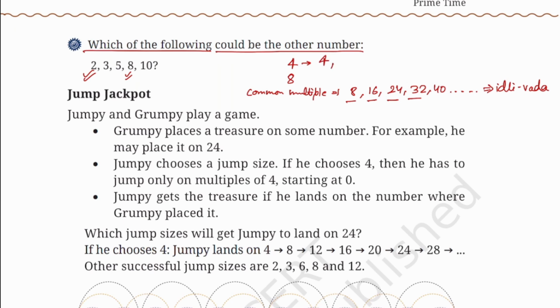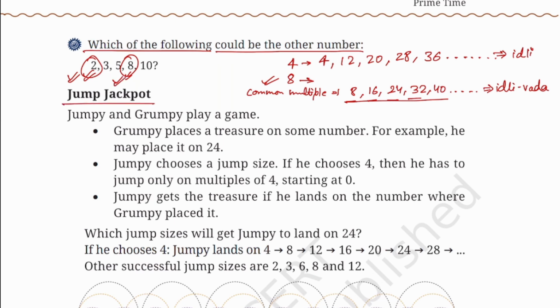That is 4, 12, 20, 28, 36 and so on. Vada is never said as multiples of 8 are already in the list of common multiples. So the number could be 2 or 8, that are either a factor of 4 or a multiple of 4.